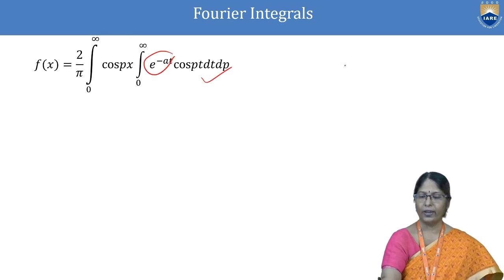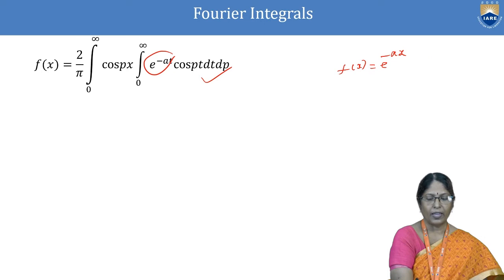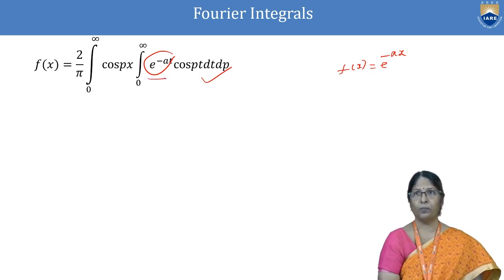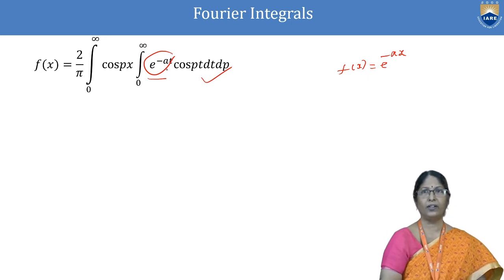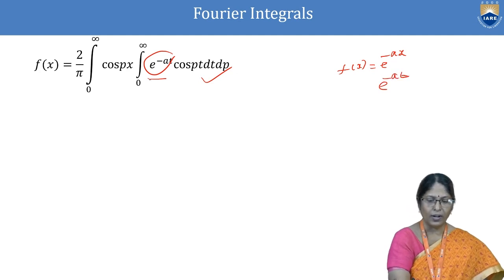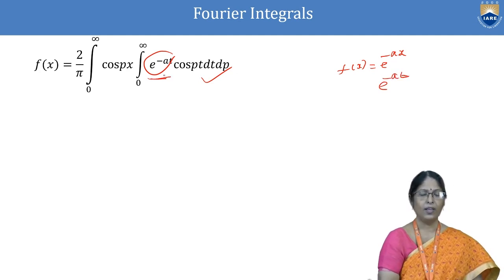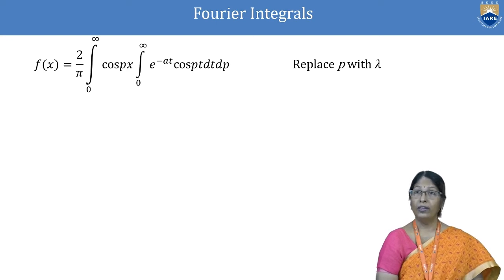Our f of x is nothing but, in the problem which is given, e power minus ax. In terms of x it is there, but our formula is in terms of t. So e power minus at is replaced for f of t. Remaining all the terms are written as it is. And what we have to prove has no p term; everything is in terms of lambda.